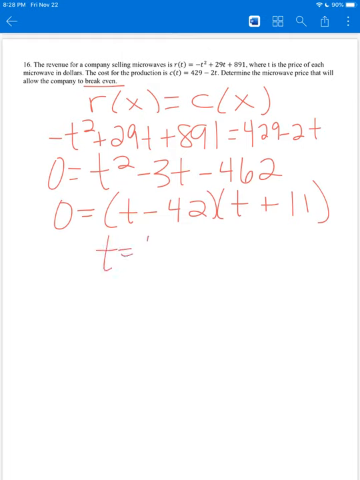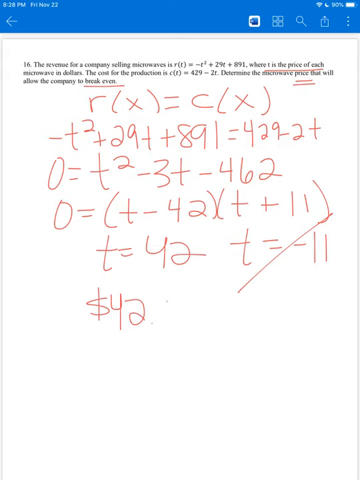So that would tell me 42 and -11. The question is the price. The price is the t. T is the price of each one. So once I get t, I do not have to plug that back in. So the price is either $42 or -$11. We're not selling for a negative price. So your answer is just $42.